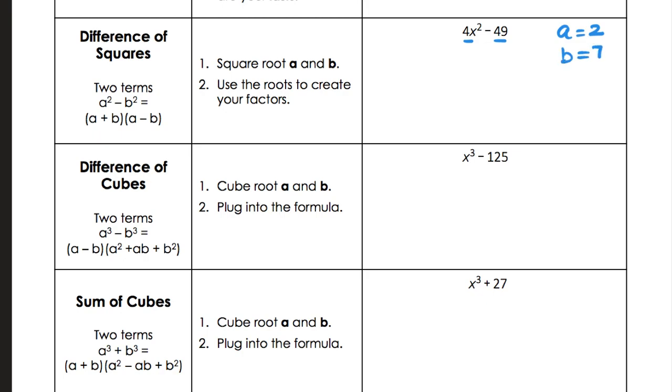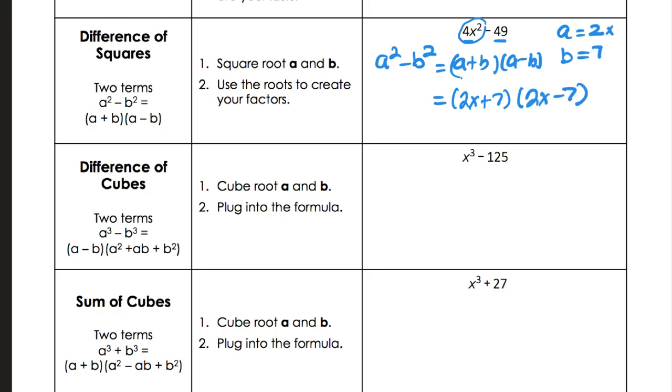And you do know that a squared minus b squared is equal to a plus b times a minus b. So what you're going to have, of course, this is your a. So it's actually 2x. So you have 2x plus 7. Since a is 2x and b is 7, and then you have 2x minus 7.